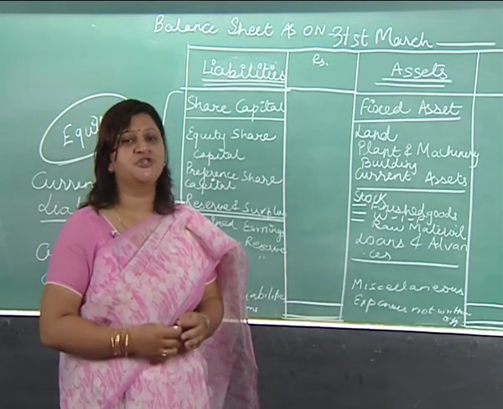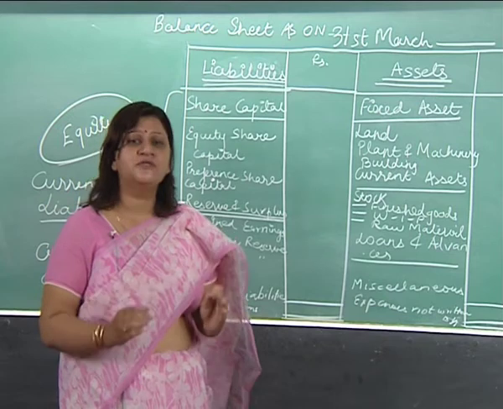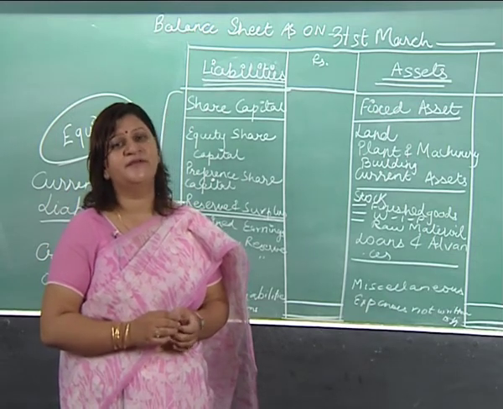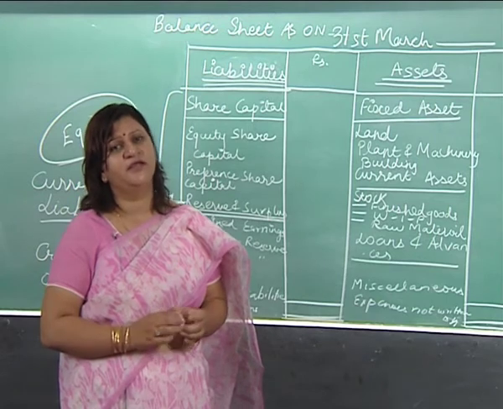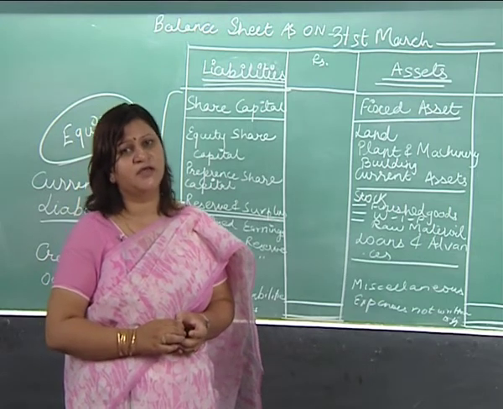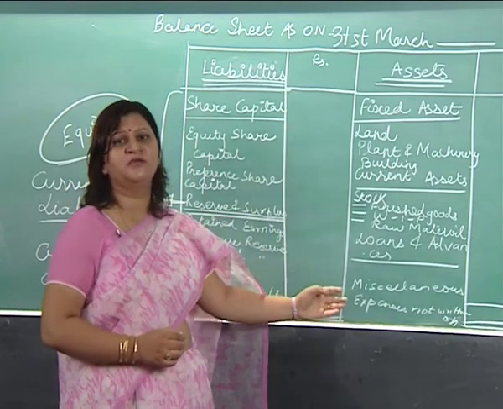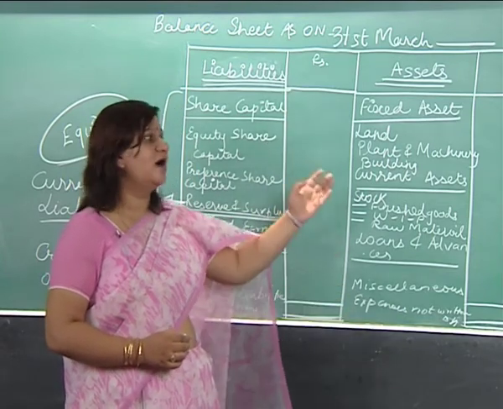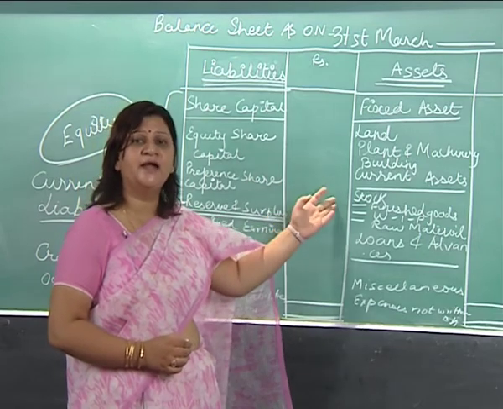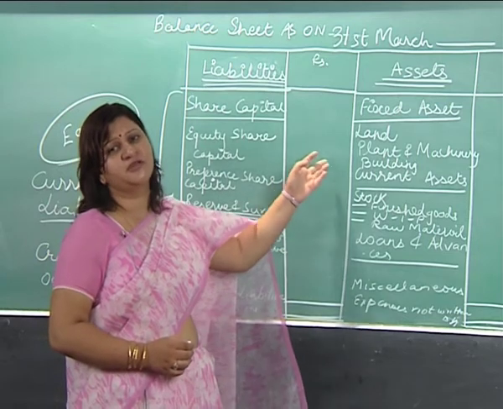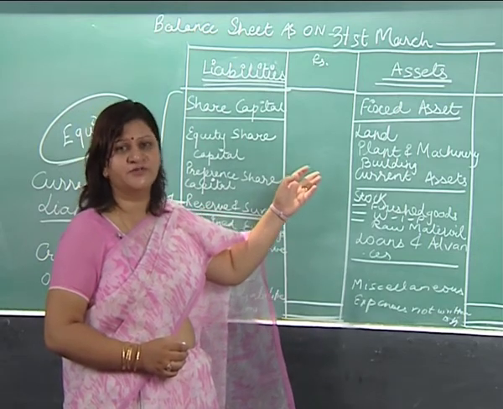Stock in the balance sheet will represent the closing balance of the stock. That means whatever has been left at the year end will be presented in the balance sheet. All the items given in the balance sheet are the period end balance, that means their position as on 31st March.